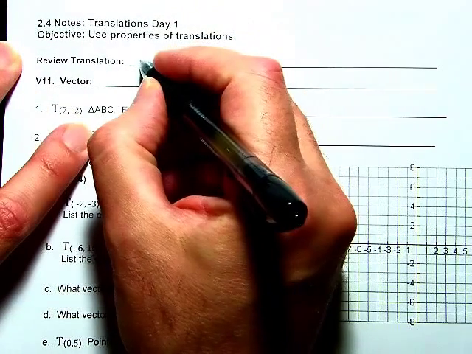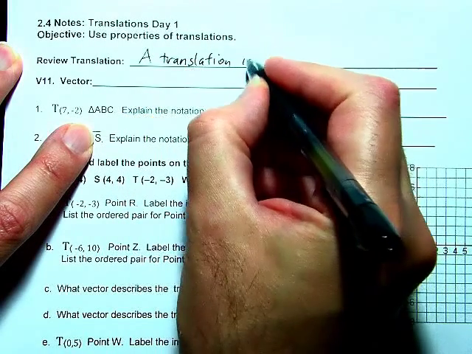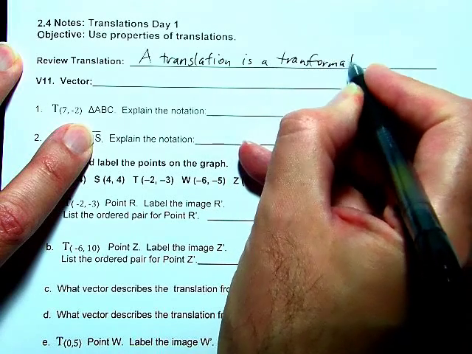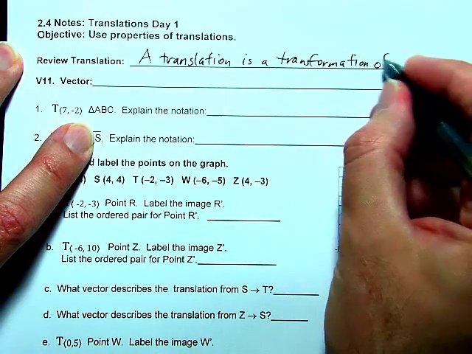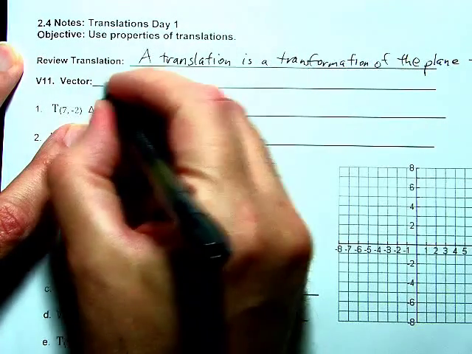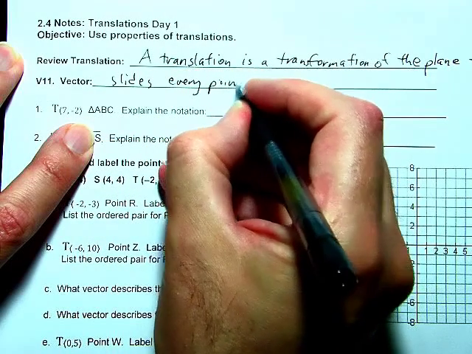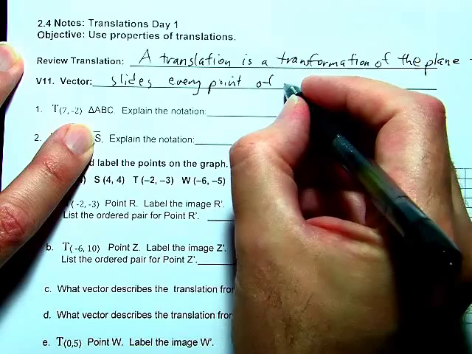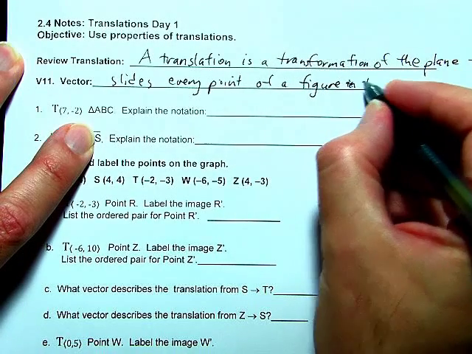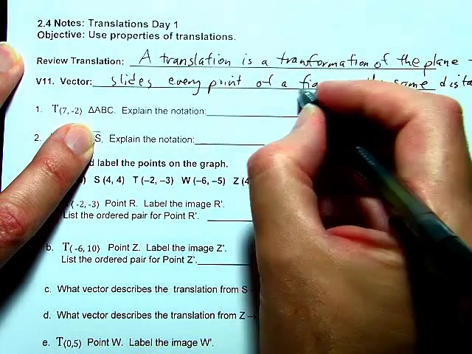A translation is a transformation of the plane that slides every point of a figure the same distance in the same direction.